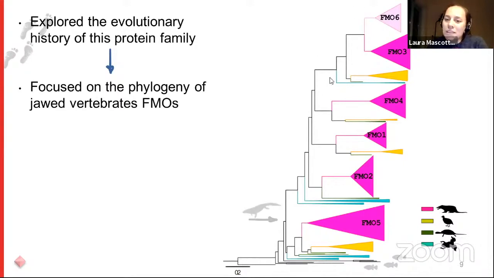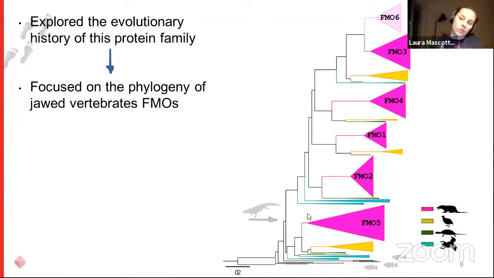We found that this little topology, including mammals, birds, turtles, and amphibians, is repeated for all the 5 paralogs. That means that the common ancestor of mammals, birds, turtles, and amphibians, so the major classes of tetrapods, already encoded the 5 FMO genes. Yes? And the emergence of the first tetrapod on Earth is around here. So this is very interesting.